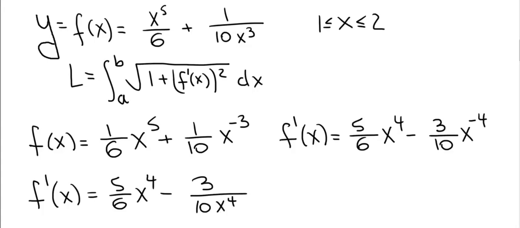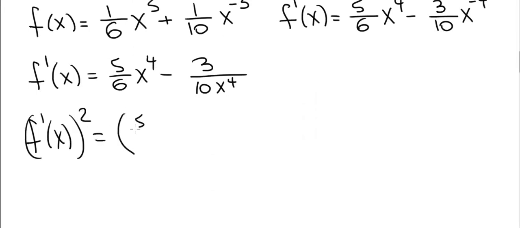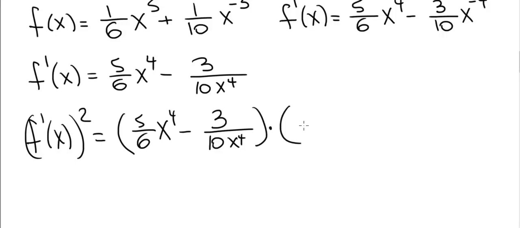The next thing we do is square the derivative. So f prime of x squared is just going to be the derivative, which is 5/6 x to the 4th minus 3 over 10x to the 4th, squared, or multiplied by itself.